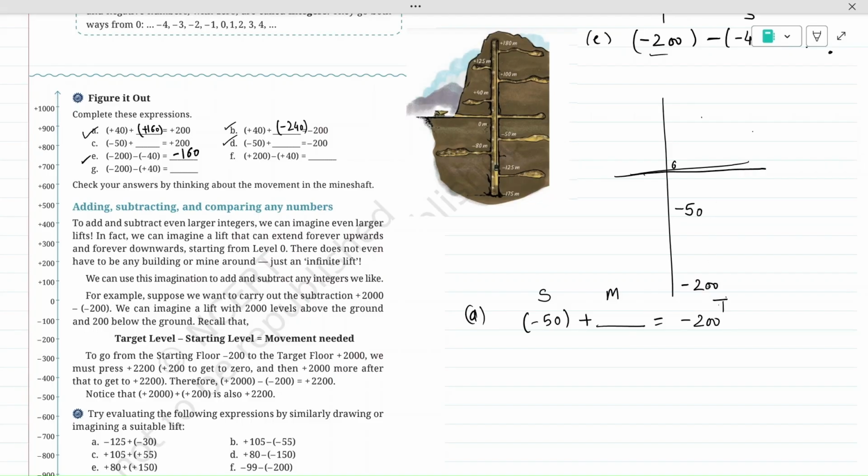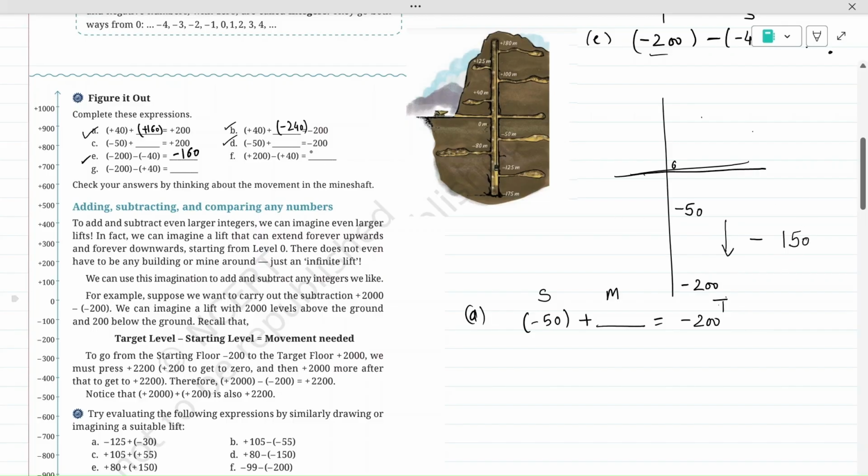So how many steps do I have to take? Again, same as the other question. From minus 50 to minus 200, I have to go down. That means I have to take minus. And then from 50 to 200, how many steps will I have to take? 150.